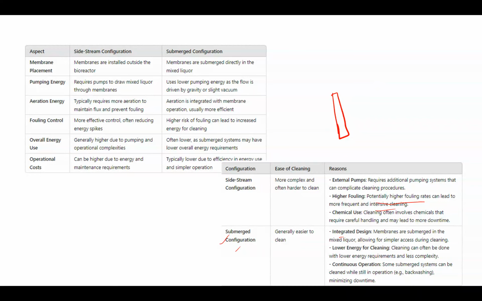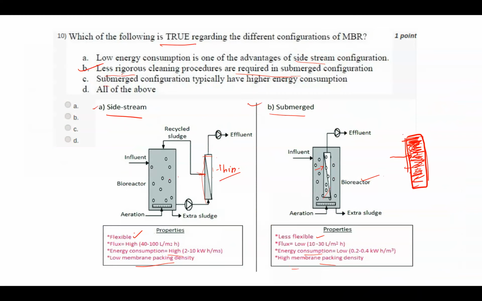Due to this densely packed membrane, the pores also, and there are other parameters for the fouling, that is hydrophilicity and hydrophobicity, and also texture comes here. So depending on the texture, fouling can happen. Okay, I will clear this out later, why this fouling is happening more in the submerged.